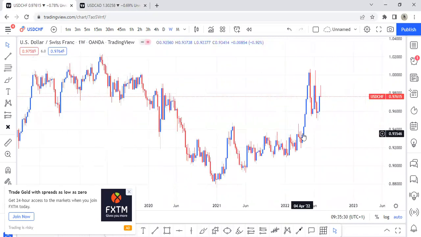So the dollar index gives you a kind of explanation of what is going on in the United States economy, right? So the USD is strong.